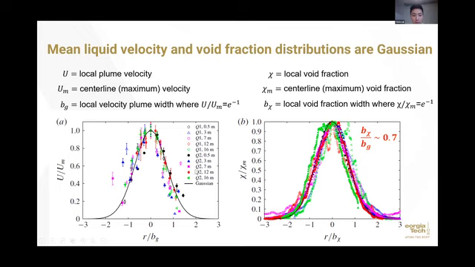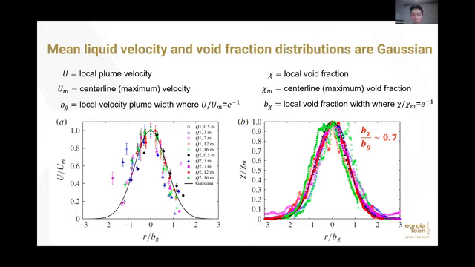I want to bring your attention to this b_g and b_x. They are the local plume width, where the local velocity or void fraction decreased to about 37% of the centerline value. So they characterize the local spread of the plume as a function of Z.